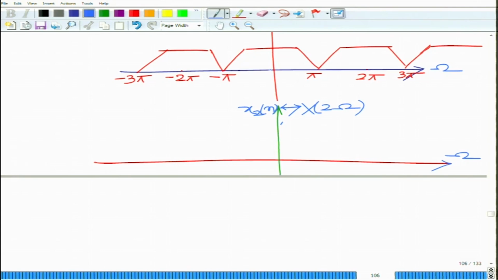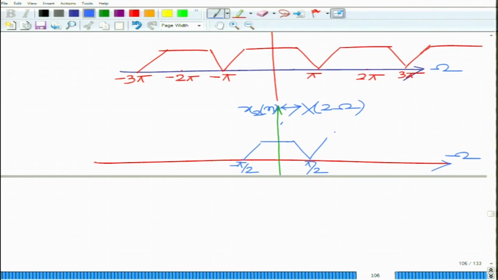So, that will look something like this: you will have minus pi by 2 to pi by 2. What is at 2 pi will come to pi.